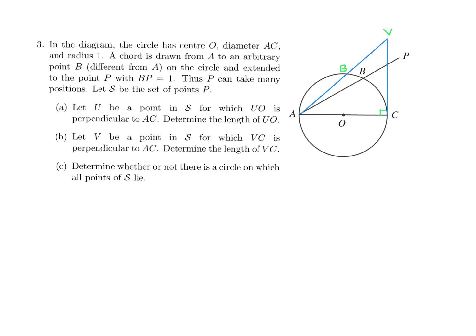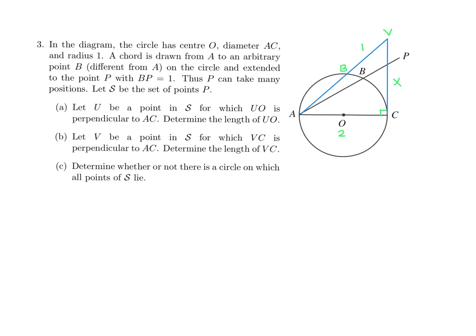BP is 1, where P is a point on S. So B to V this time is 1, because V represents a point in S. Okay, so V to C, I don't know that distance, so I'll just call that distance X for now. And then I do know that the radius of the circle is 1, so that's 1 and that's 1. So that whole side is 2 from A to C.